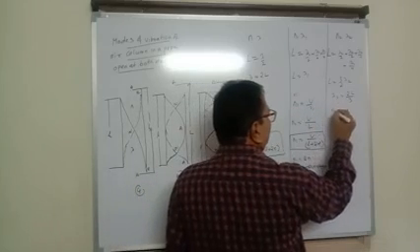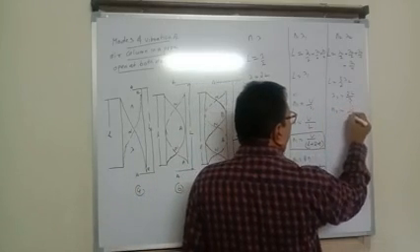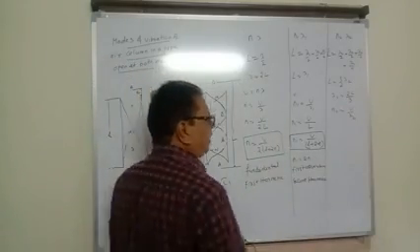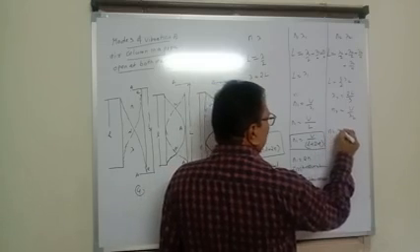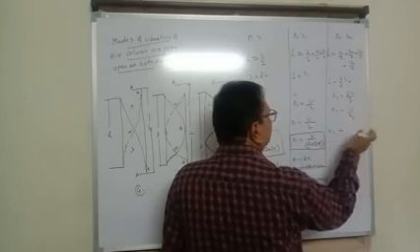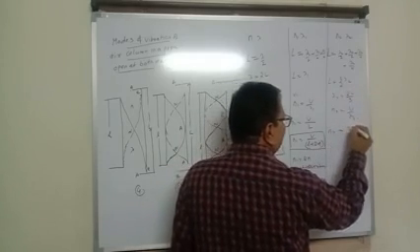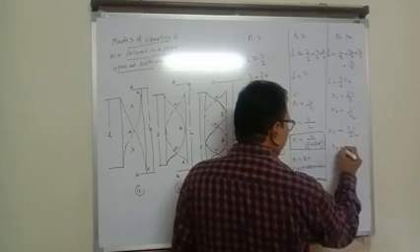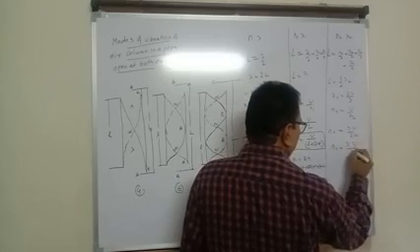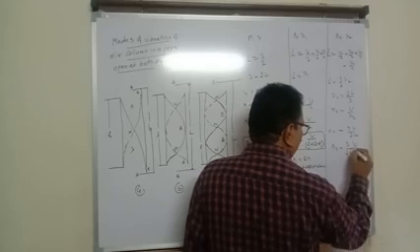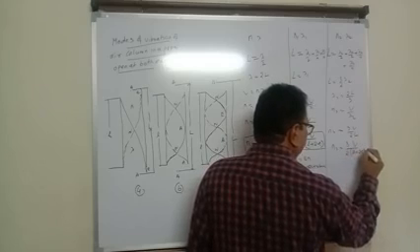Similarly, N2 is equal to V upon lambda 2. Putting lambda 2 as 2L by 3, 3 goes in the numerator, so N2 is equal to 3V upon 2 into (l plus 2E). Why 2E?